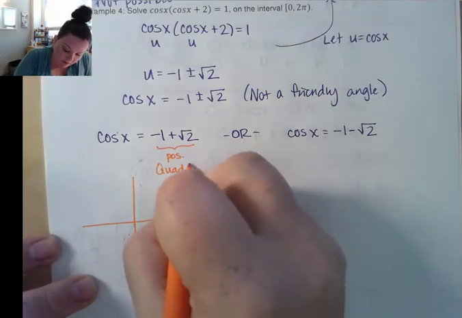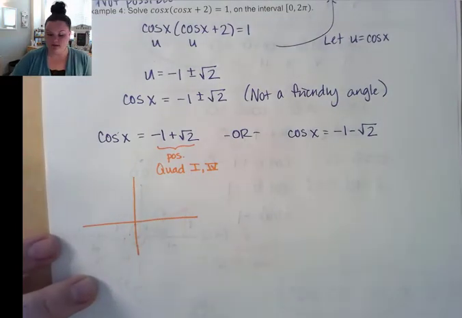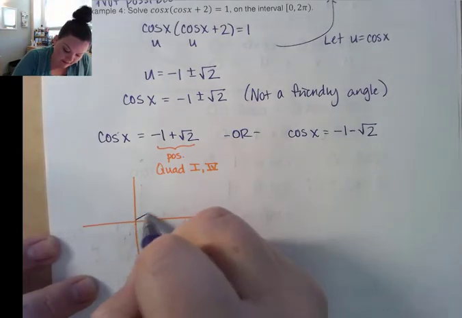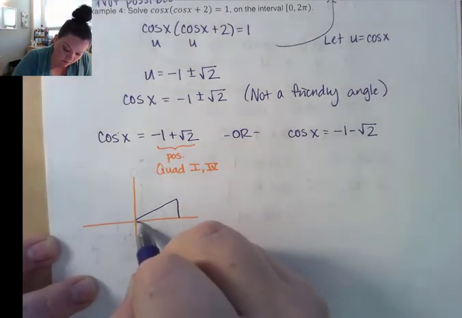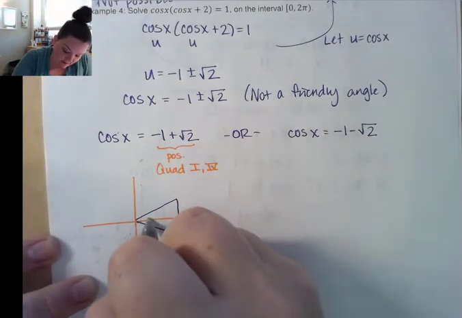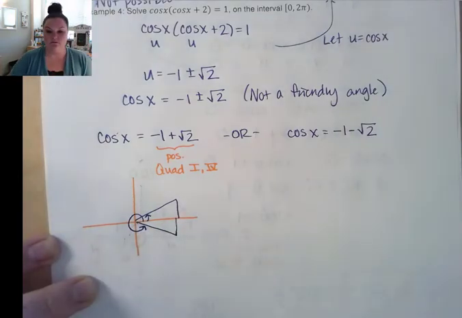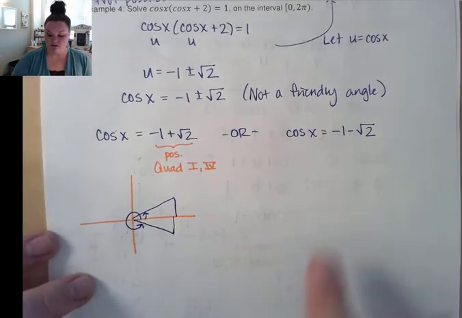So quadrant 1 or quadrant 4, okay? So we know that our angle has to be here or our angle has to be here, right? So in other words, this angle or this angle, okay? And then I'll do the same thing for this case, right?